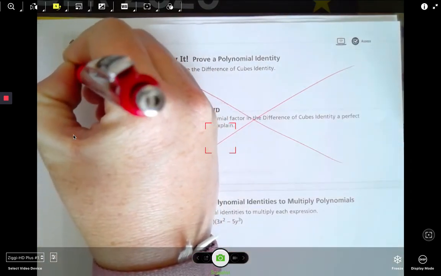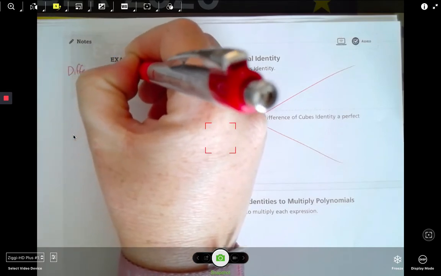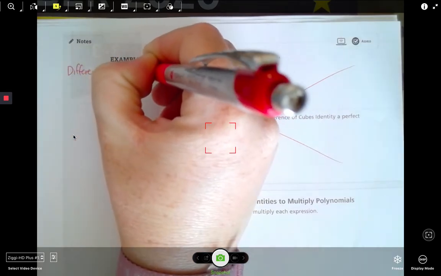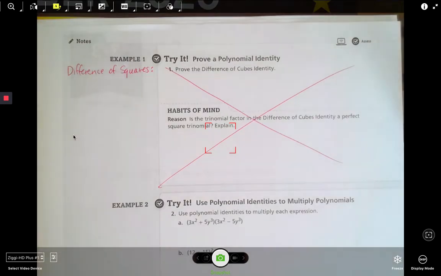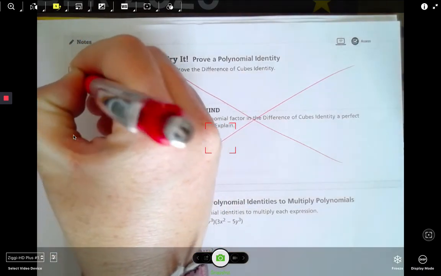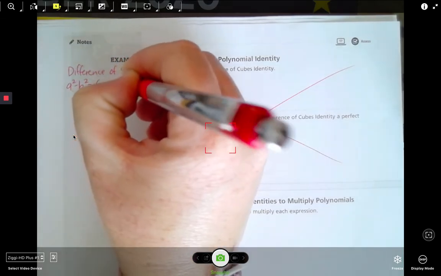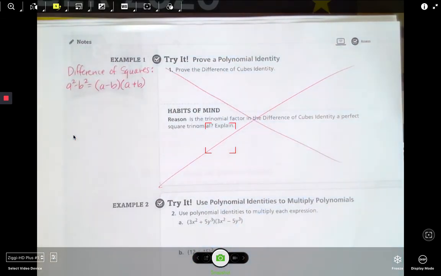So we'll start with difference of squares. Alright, so the difference of squares says if we've got a squared minus b squared, that is equal to a minus b times a plus b. Or I could write it as a plus b times a minus b. Either one would be correct, okay?